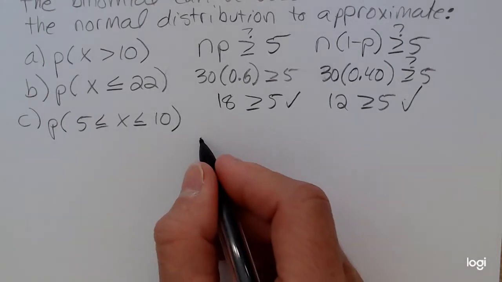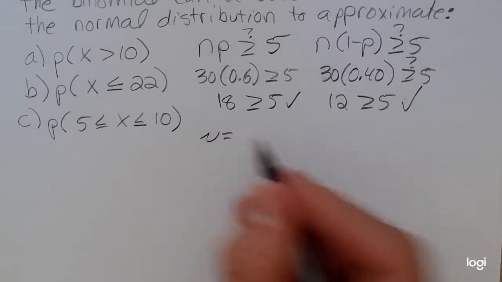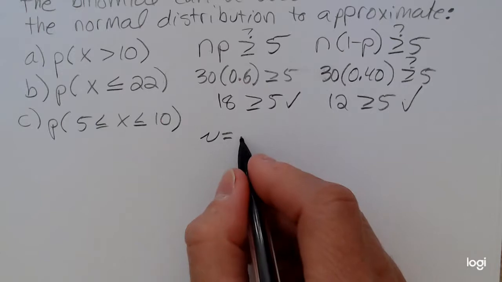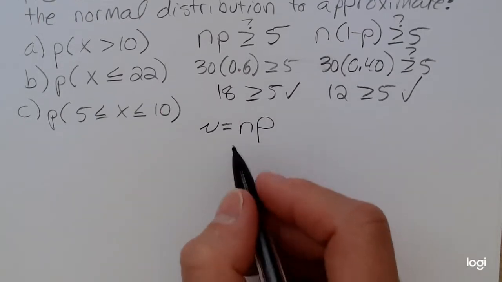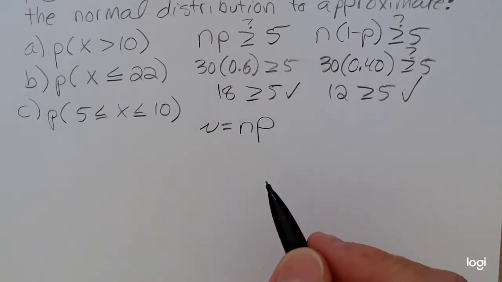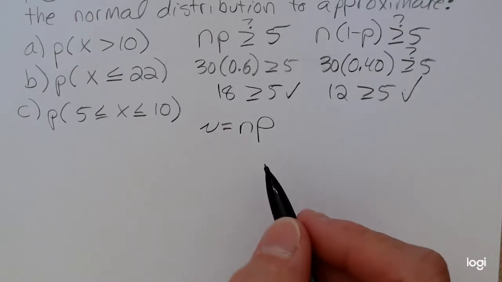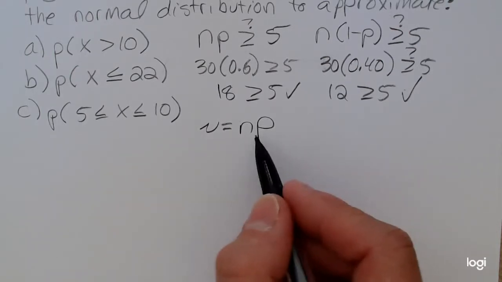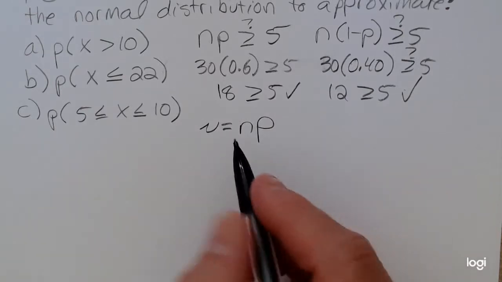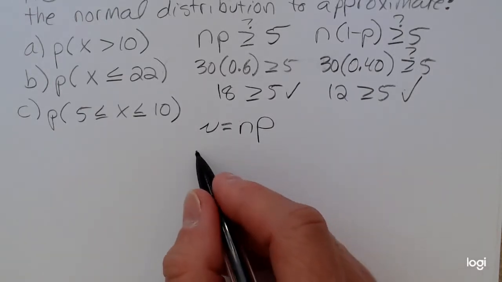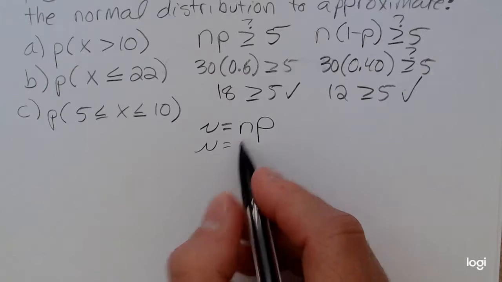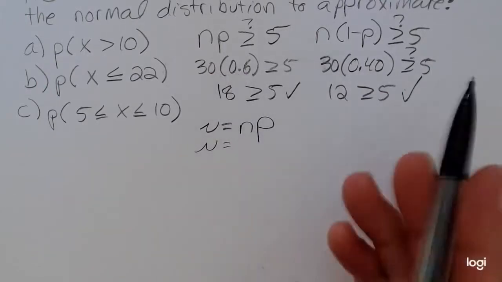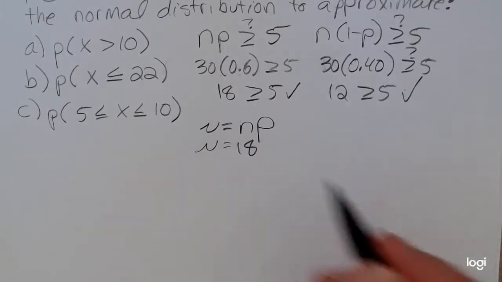So mu is n times p. If we can use the normal approximation, mu is going to be equal to n times p, which is also the mean or the expected value for the binomial distribution. Plugging in the numbers, we actually found that up here. That's going to be 18.